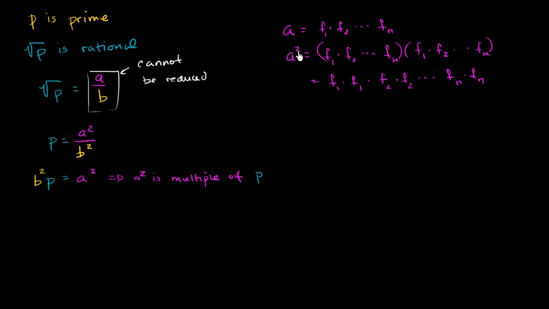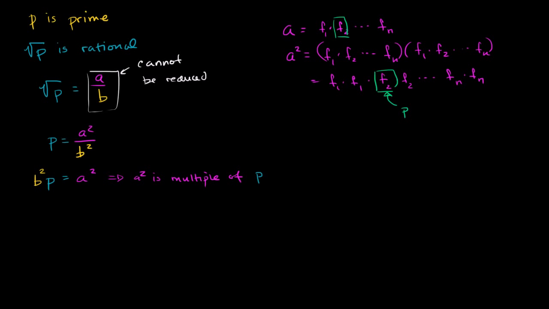Now we know that a squared is a multiple of p. P is a prime number. So p must be one of these numbers in the prime factorization. P could be f2 or p could be f1, but p needs to be one of these factors. Well, let's say, and I'll just pick one of these arbitrarily, that p is f2. If p is f2, then that means that p is also a factor of a.